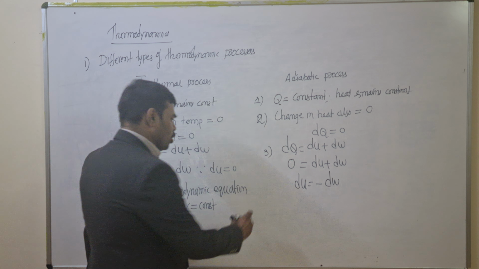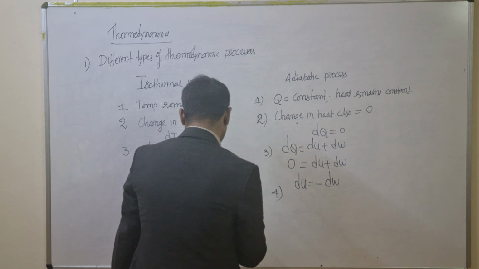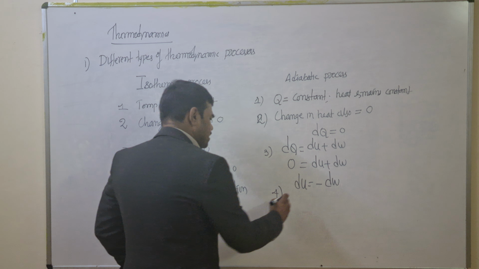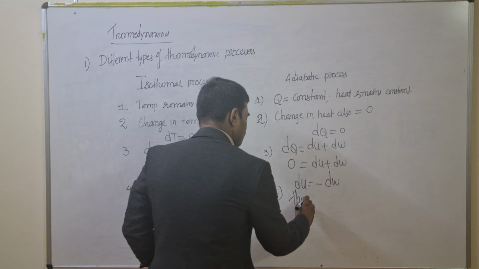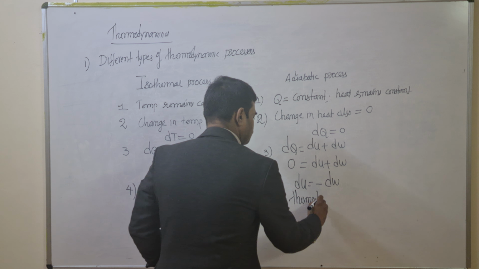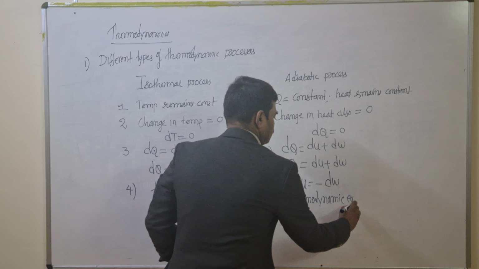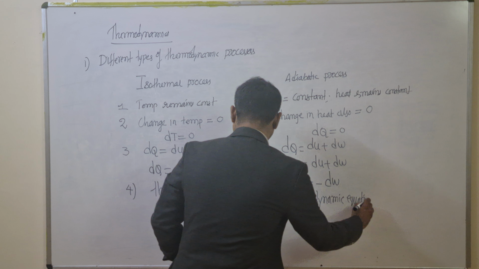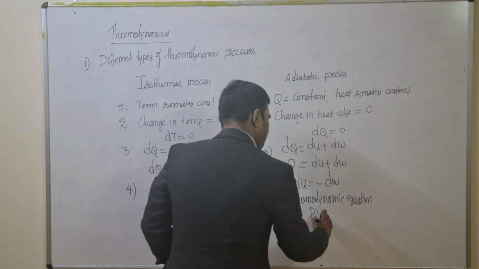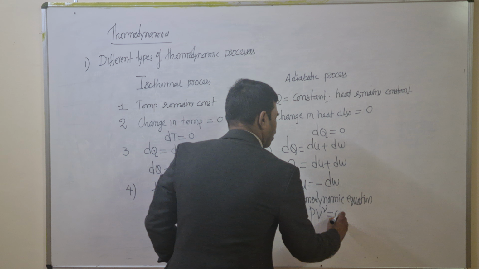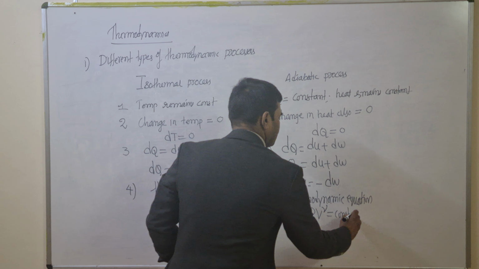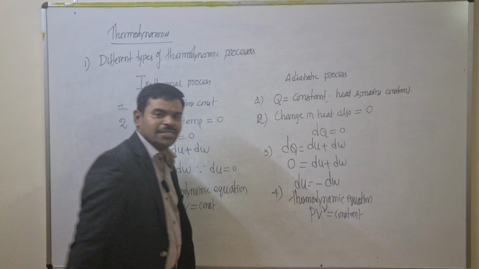Whereas in the adiabatic process, the thermodynamic equation is PV power gamma equal to constant.